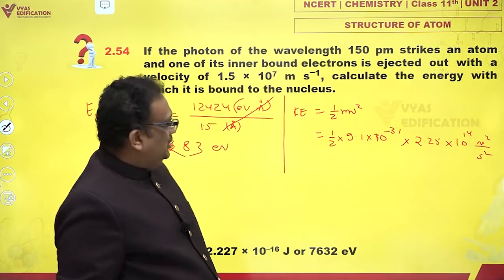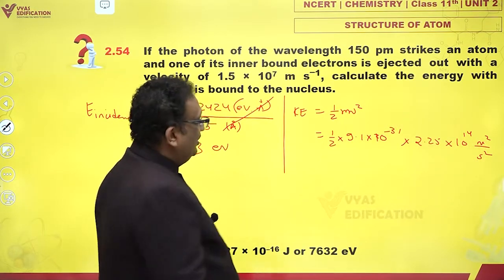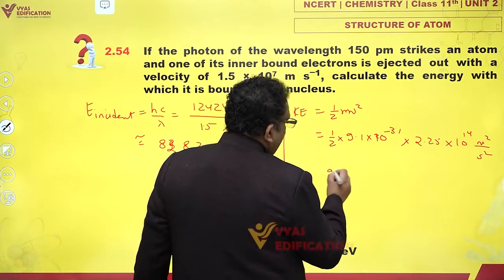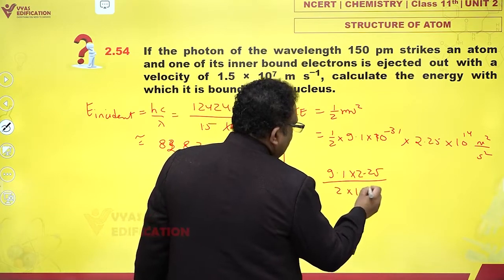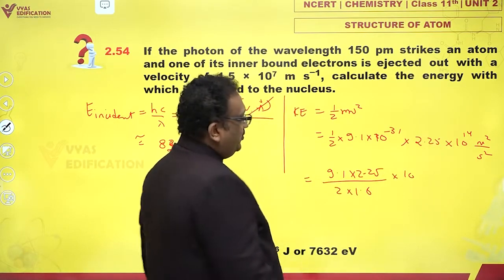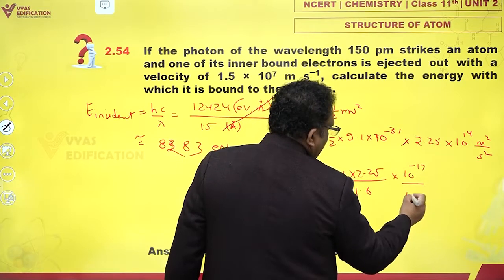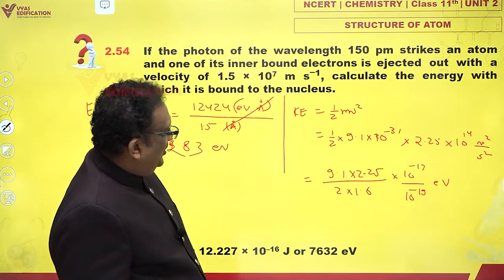Huge, huge, not that huge actually. This is in joules. If you wish to convert this to electron volts, yes, 9.1 into 2.25 by 2 into 1.6. 31 minus 14 would be 10 raised to minus 17 divided by 10 raised to minus 19. So many electron volts. Oh my God.